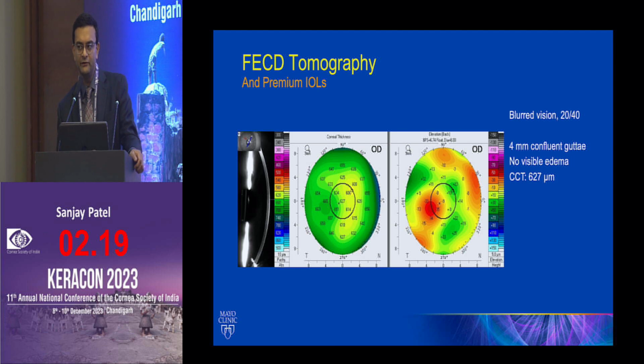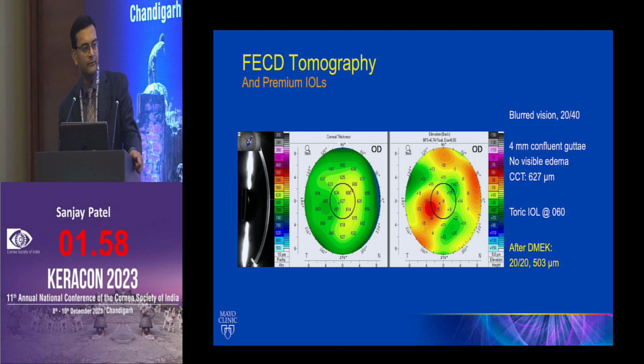And here's a patient who was unhappy after cataract surgery with 20/40 vision, has all the classic features on the maps of subclinical edema that was not realized at the time of cataract surgery, had a toric IOL placed, and really needed DMEK surgery, after which vision quality was much better.